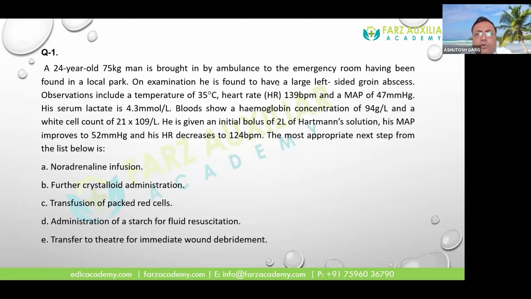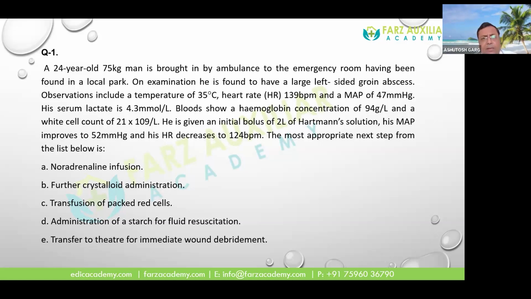B. So the importance of fluid resuscitation is that you should continue fluid resuscitation till the patient becomes fluid unresponsive or the patient's MAP increases to 65 millimeter mercury. In this case, they have given 2 liters of ringer lactate, but MAP has not reached 65 millimeter mercury. That's why the next step is to continue fluid administration.